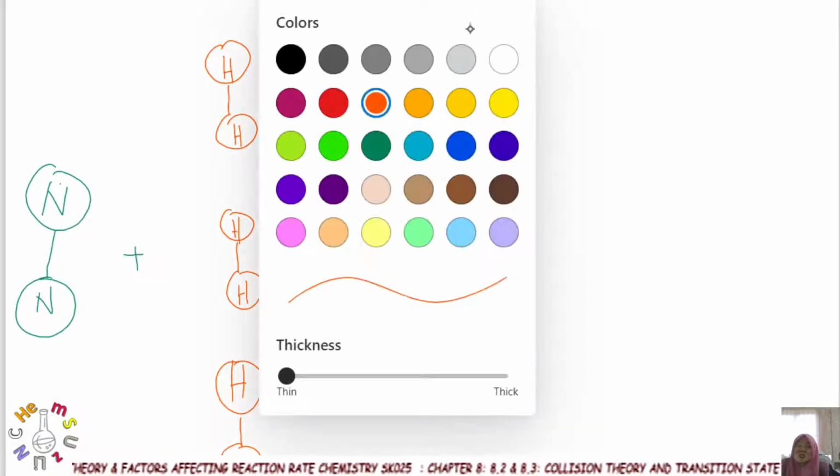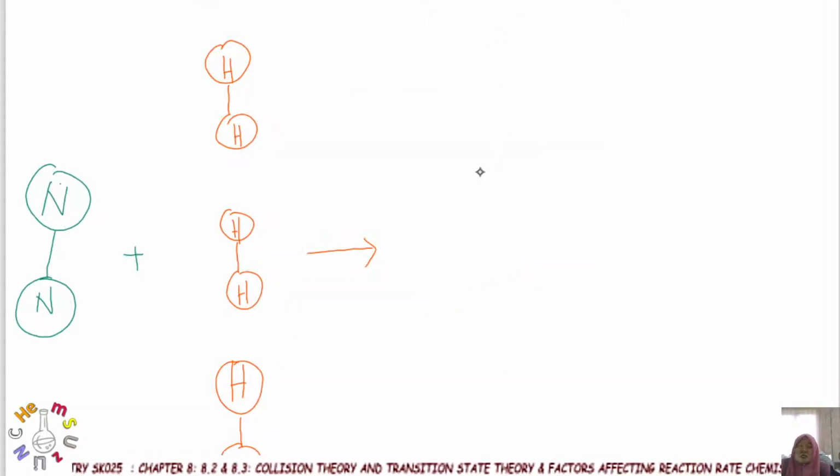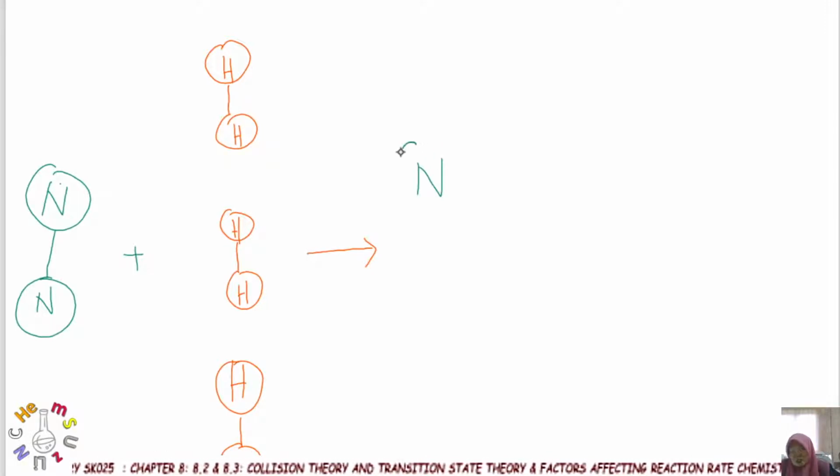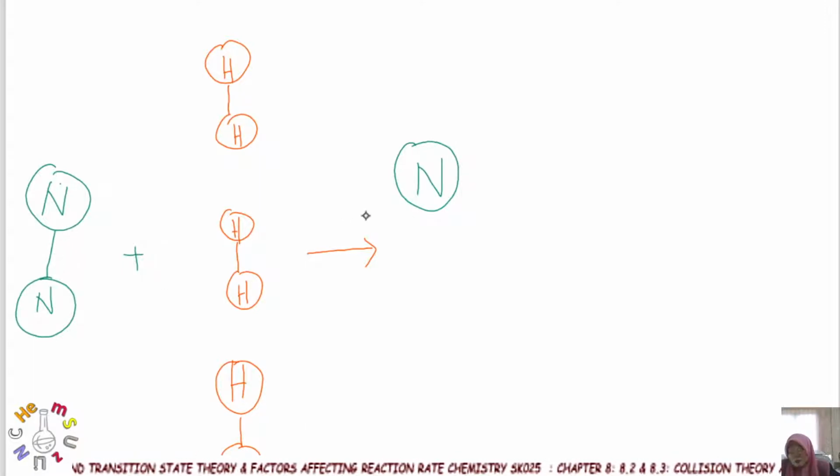Lepas tu bila dia langgar, activated complex dia macam mana rupa? Ada temporary bond tak pada activated complex? Ada. Okay, at the activated complex, the original bond ni temporary break.